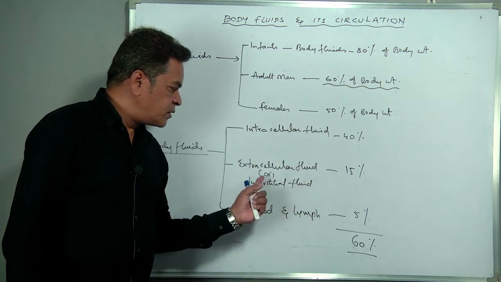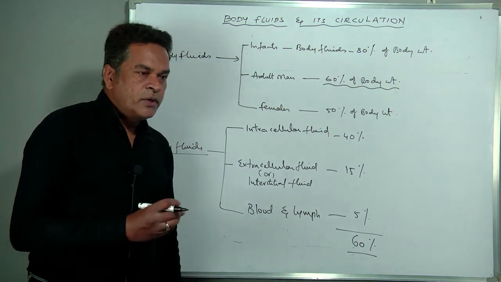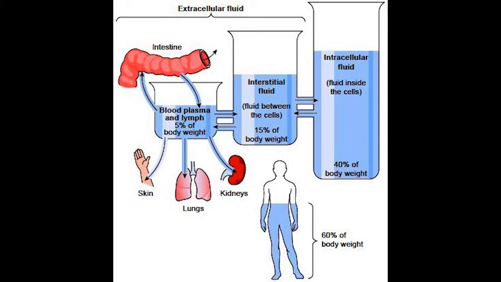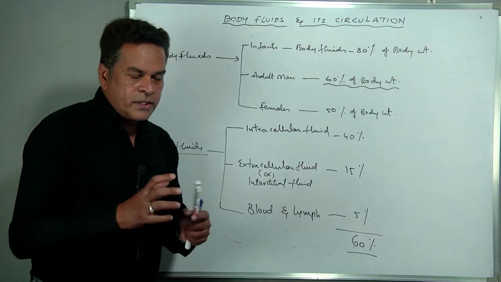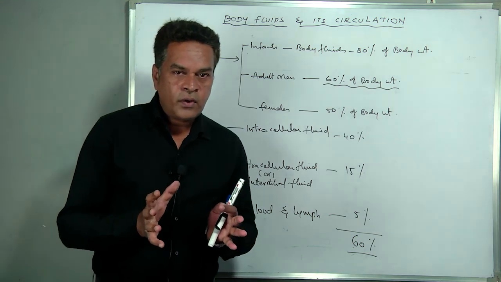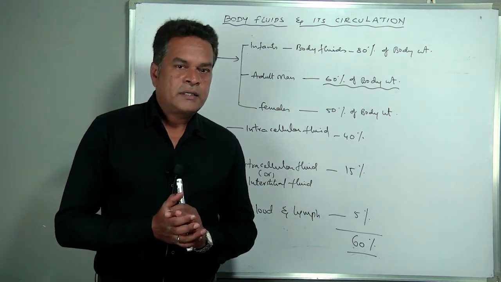15% is extracellular fluid, that means the fluid present outside the cell. A group of cells forms the microenvironment outside the cells.